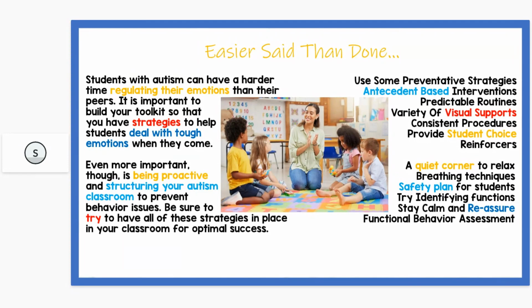Some other preventative things would be having predictable routines. Try to make sure that you do things in the same sequence, even if it's not the same exact time, but the same sequence. Provide visual supports. Think about your procedures and try to have them be consistent.